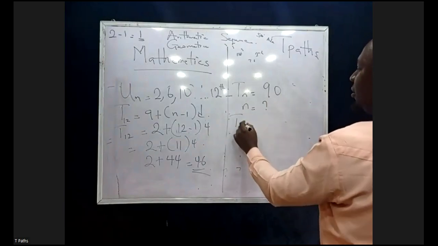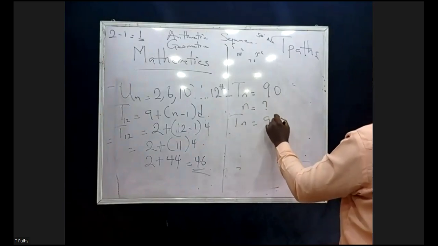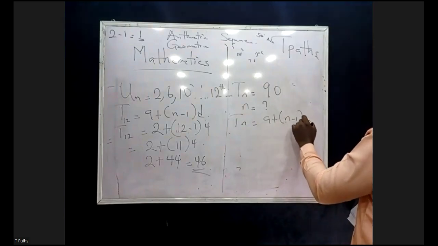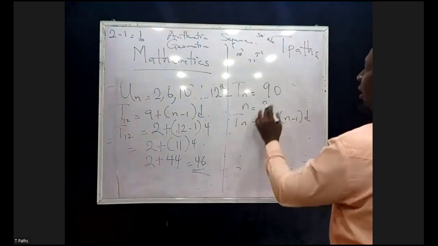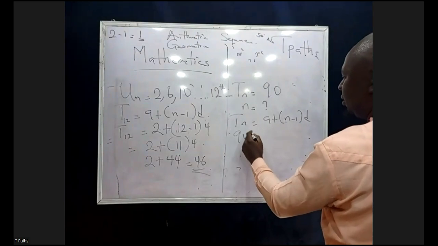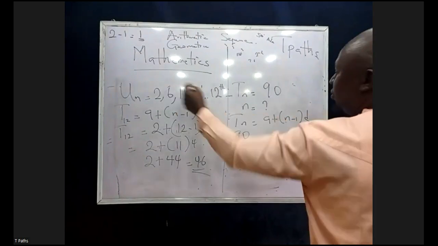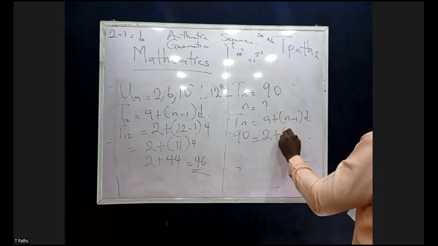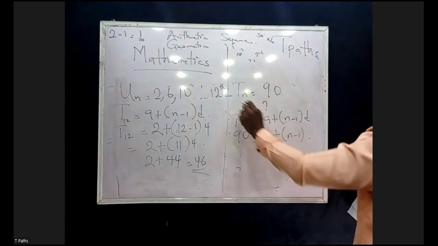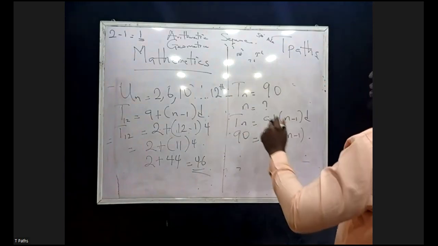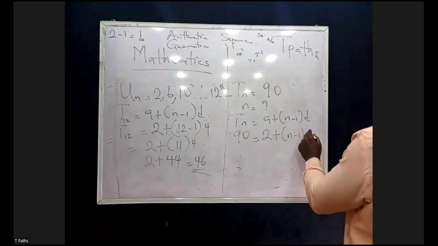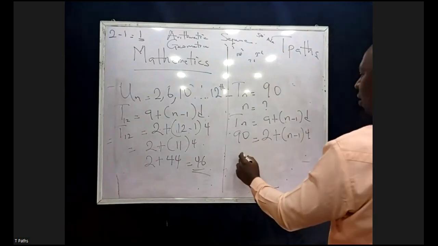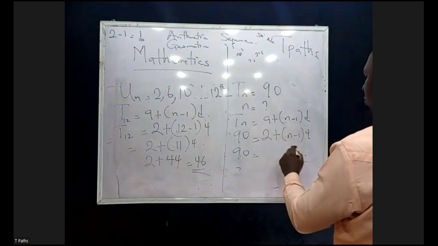Meaning that Tn equals a plus (n minus 1)d. Your Tn has been given, which is 90. Your a is 2. Your n is unknown. And your d is 4.